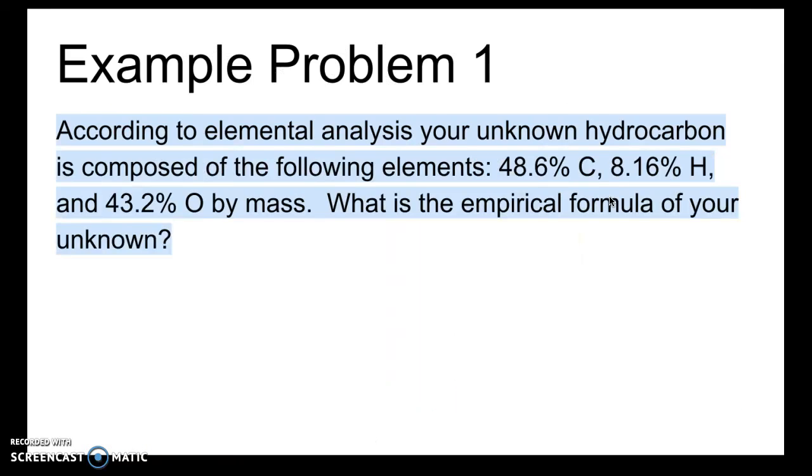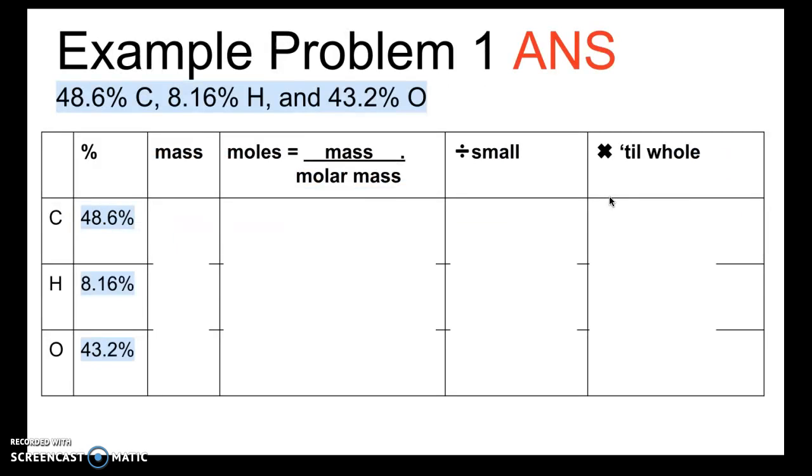Let's look at this example problem. According to elemental analysis, your unknown hydrocarbon is composed of the following elements: 48.6% carbon, 8.16% hydrogen, and 43.2% oxygen by mass. What is the empirical formula of your unknown? All right, I'm going to do the work on a separate slide, and you're going to make sure you copy down the work on a separate sheet of paper or in your note packet.